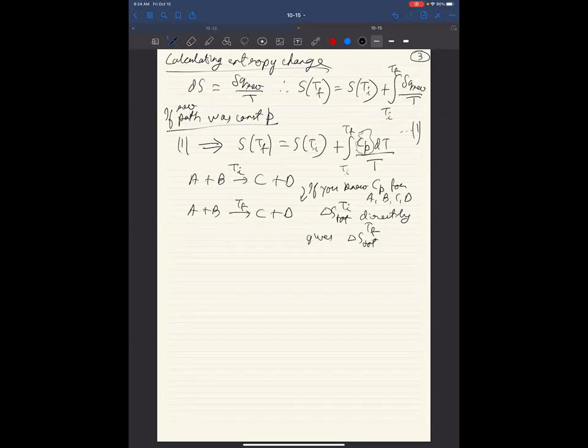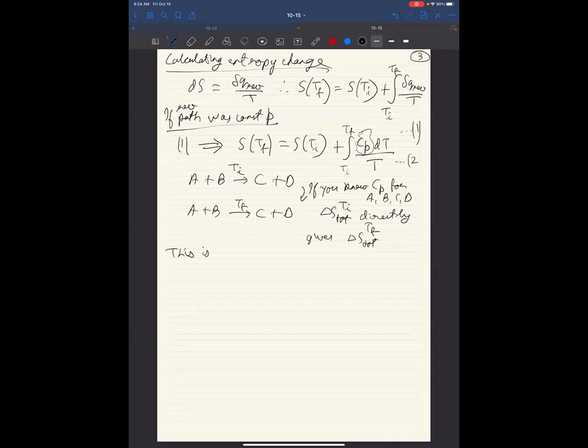This is fine, except when you have a phase change going on. If while going from Ti to Tf your solid changed into liquid, or your liquid changed into gas, or for the material scientists here, your iron changed from alpha to beta, something like that, then you have a problem. This simple formula won't work, and you will have to add one more correction.